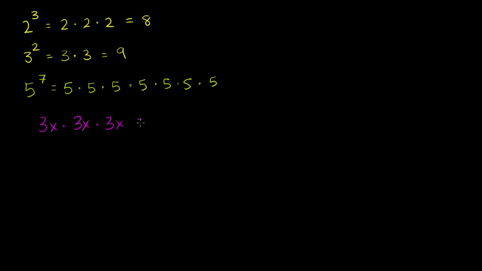So this is going to be the same thing as 3 times 3 times 3 times x times x times x. And just based on what we reviewed, that part right there, 3 times 3 3 times, that's 3 to the third power. And this right here, x times itself 3 times, that's x to the third power.